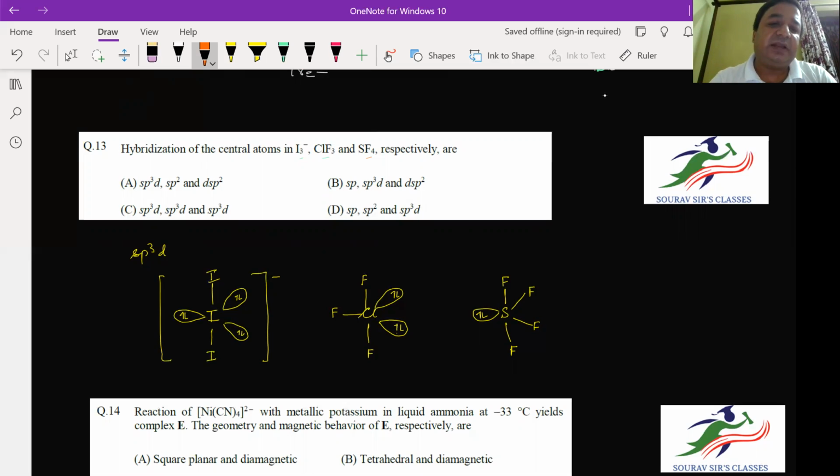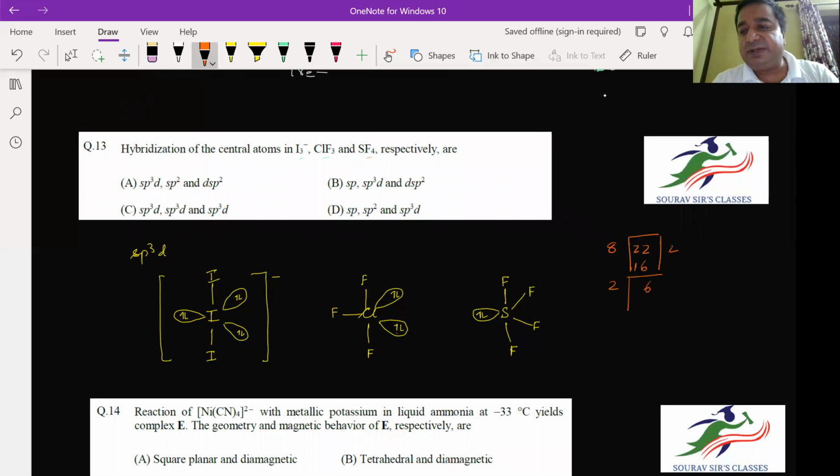For iodine, if you do the calculation, it is 7 for each iodine. So 3 into 7 is 21, plus 1 electron, so it is going to be 22. Now if you have 22, you divide by 8, and that goes 2 times. That is 16, so you're left with 6.